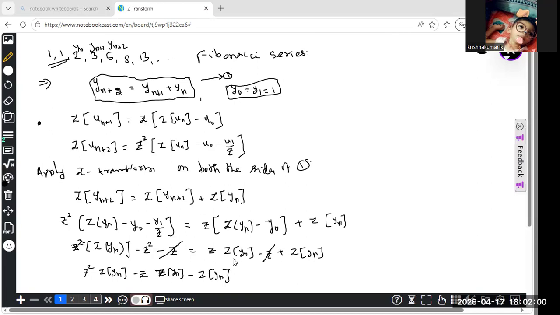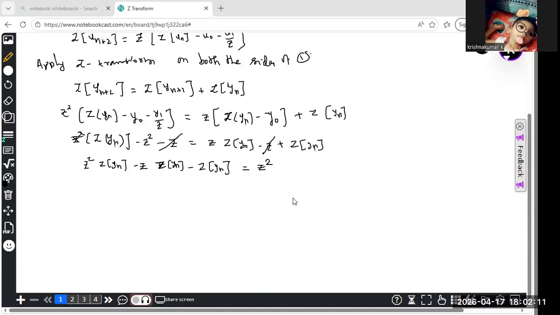If you bring this minus z square to the right side, this will be plus z square. Now our aim is to find the yn only.